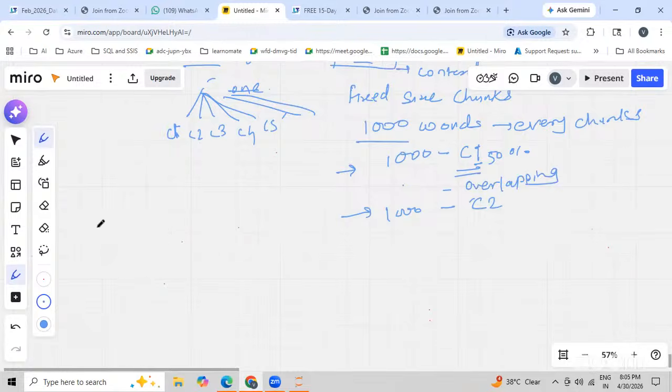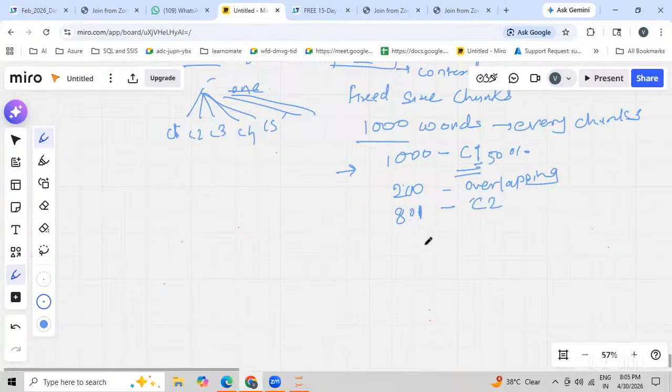So what happens in the overlapping? Suppose we have an overlap of 200. My second chunk will start from 801.